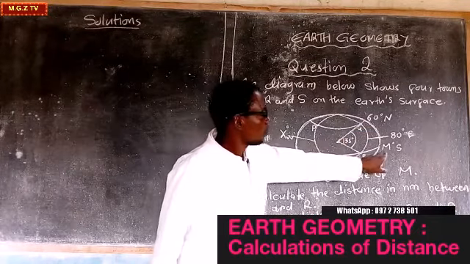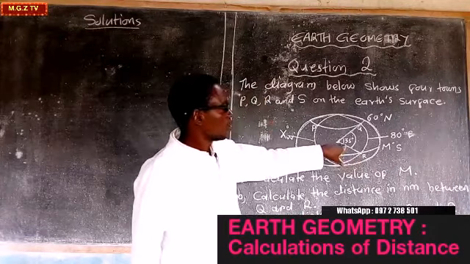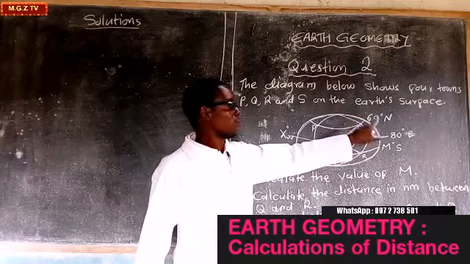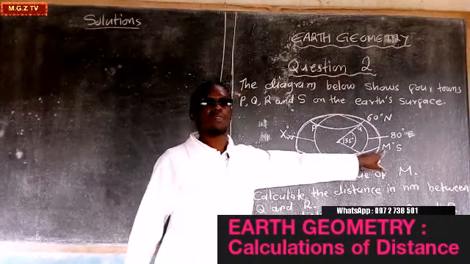So to find the value for m, we are going to say 135 minus 60.